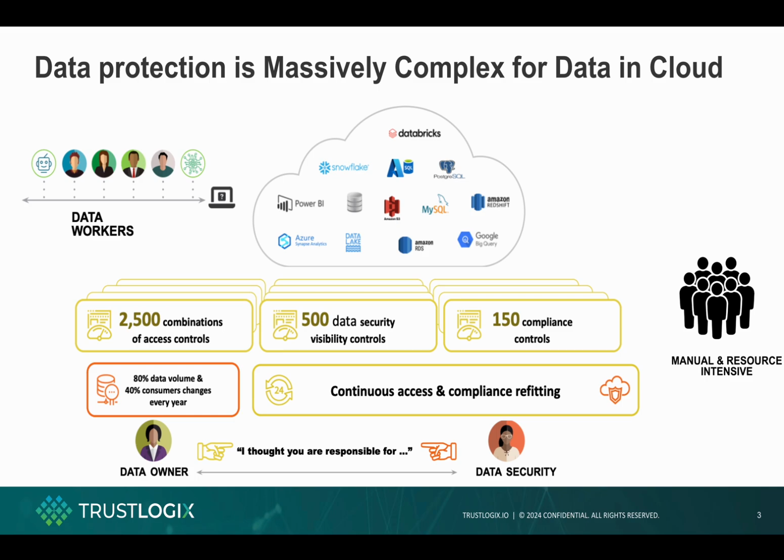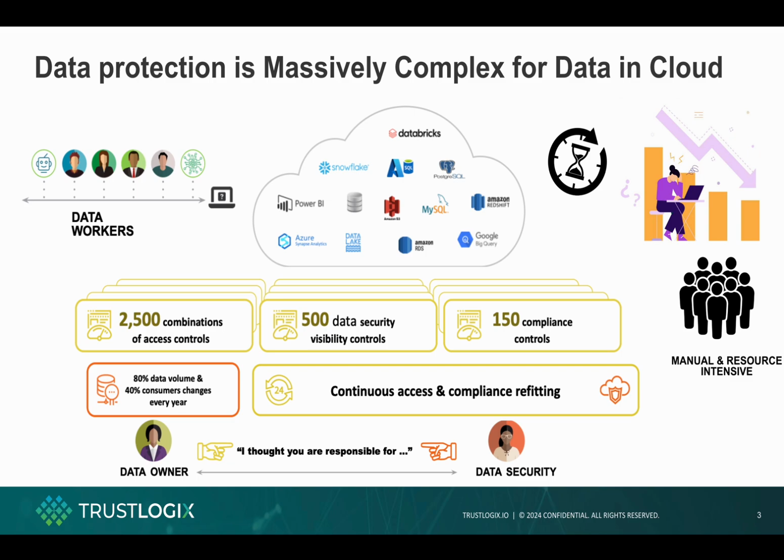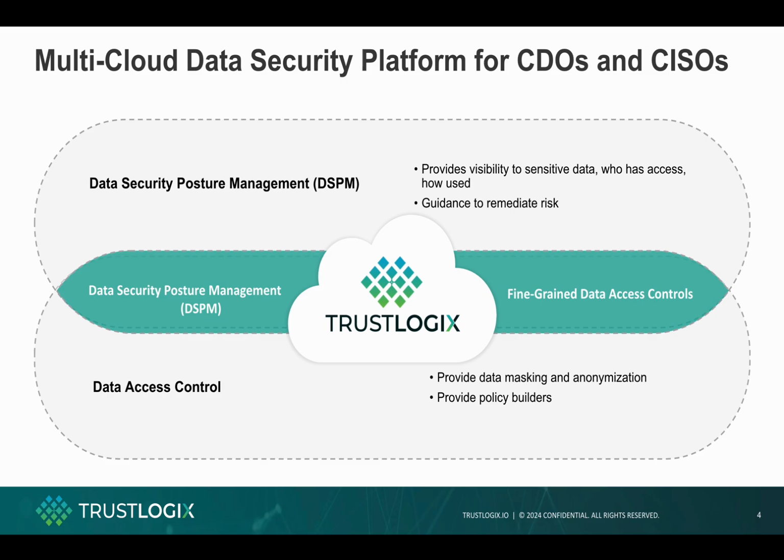Now, because they don't have a single tool to collaborate, they operate in silos and data approval gets delayed. The eventual impact is that data workers wait for many days to get data, impacting their productivity and eventually slowing down data projects.